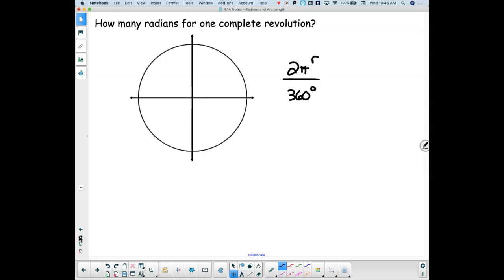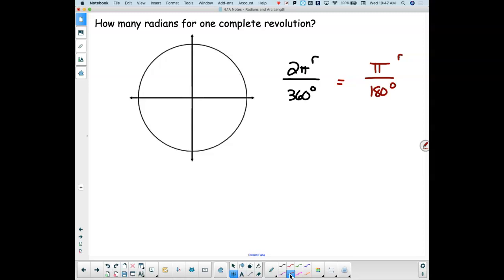So just pi over 180. Now, put a definite star by that, because that, ladies and gentlemen, is how you convert between the two of them.